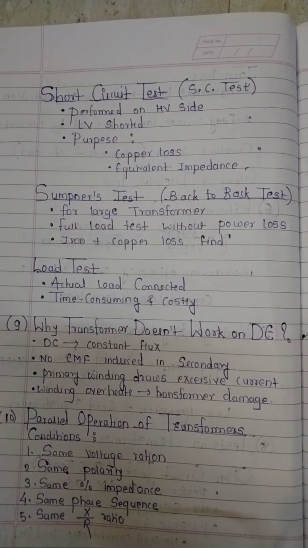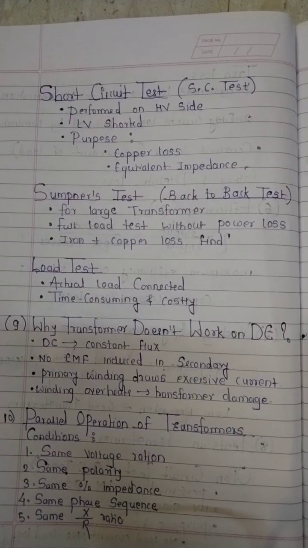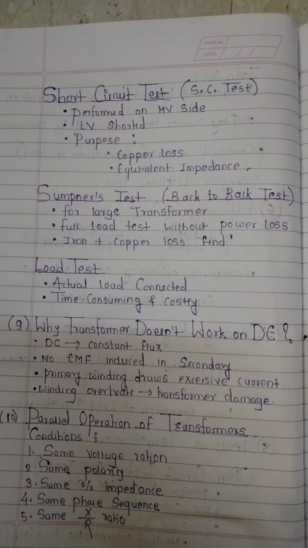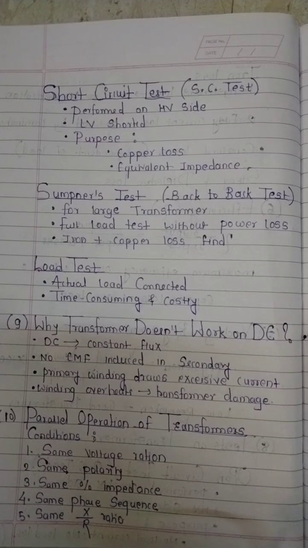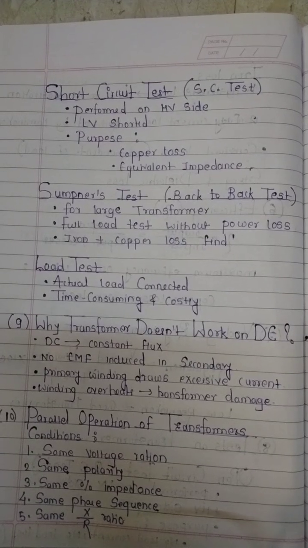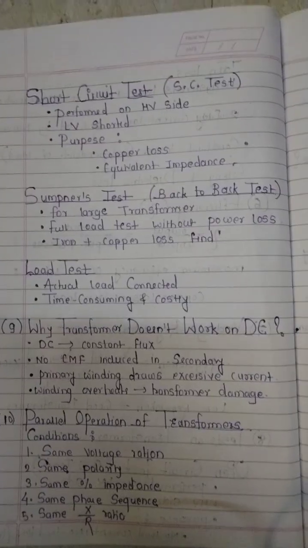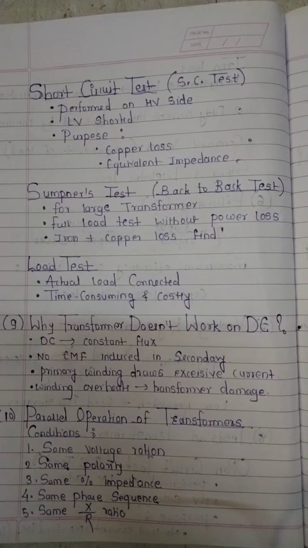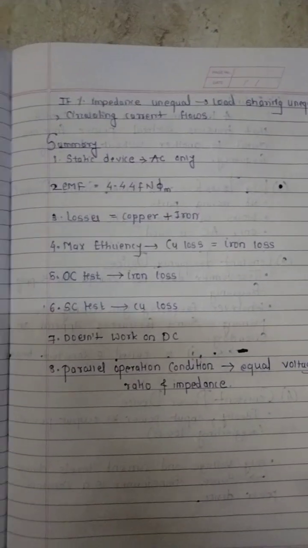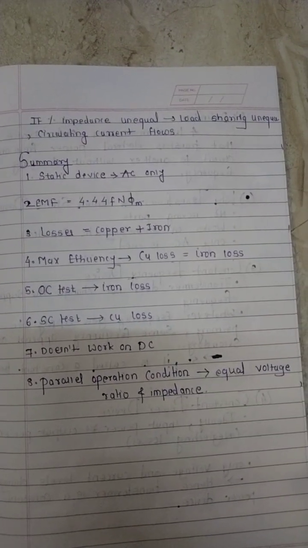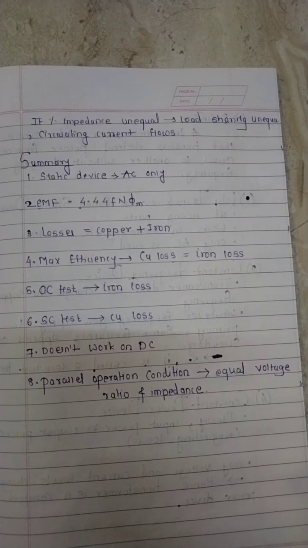Guys, here we should remember the parallel operation conditions: same voltage ratio, same polarity, same percentage impedance, same phase sequence, same X by R ratio. If percentage impedance is unequal, load sharing is unequal and circulating current flows.